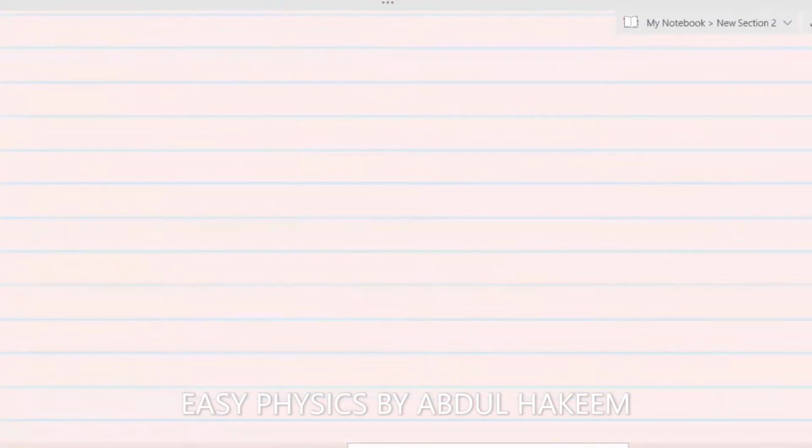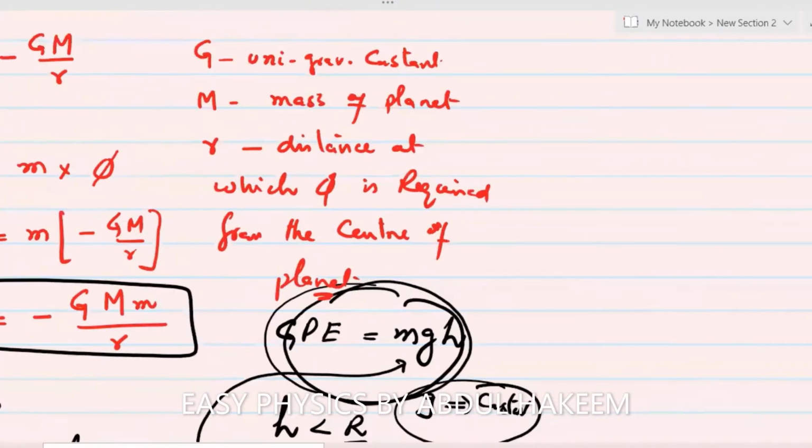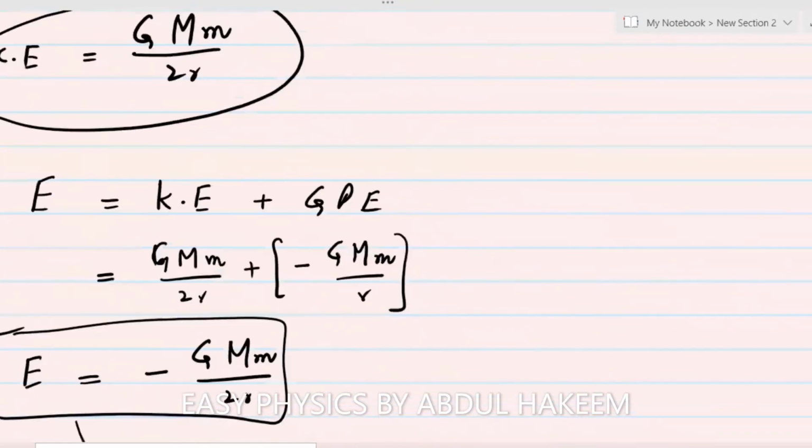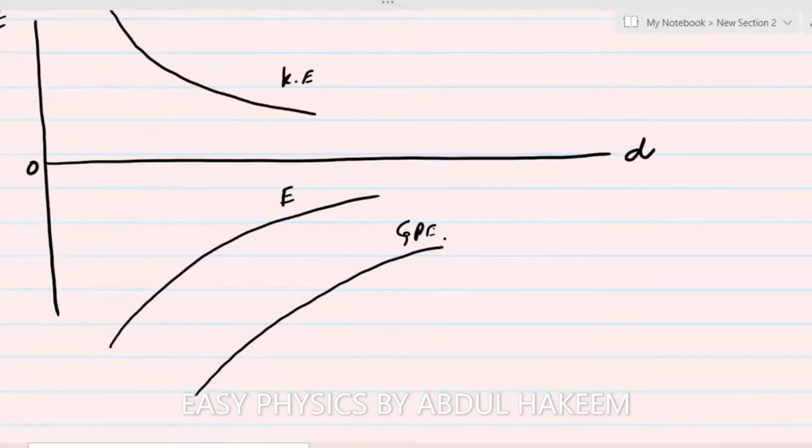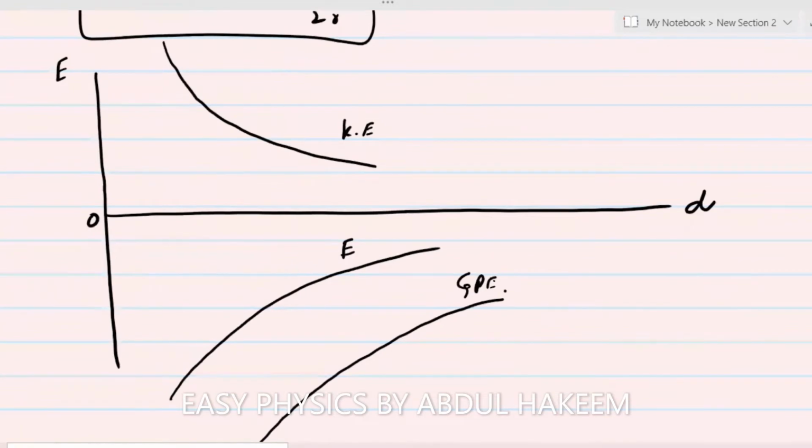And the next one is gravitational potential energy. So three energies: kinetic, total, and gravitational potential.